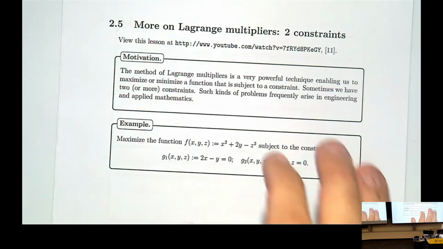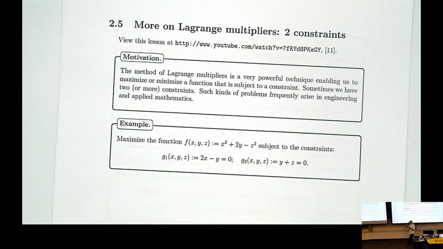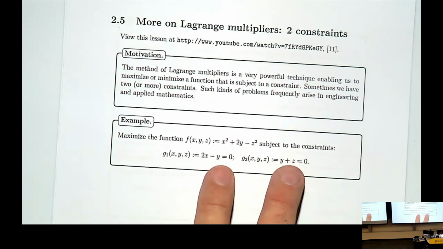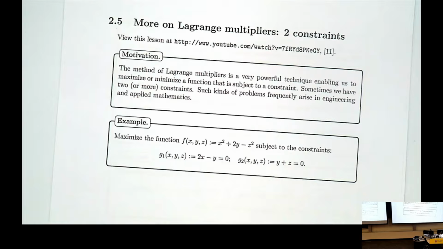The reason I'm showing you this is that the problems can get harder depending on the number of constraints, the number of conditions. In this case, I won't solve this right now. You've got something you want to maximize, and you've got two conditions. So it gets a bit crazy now.